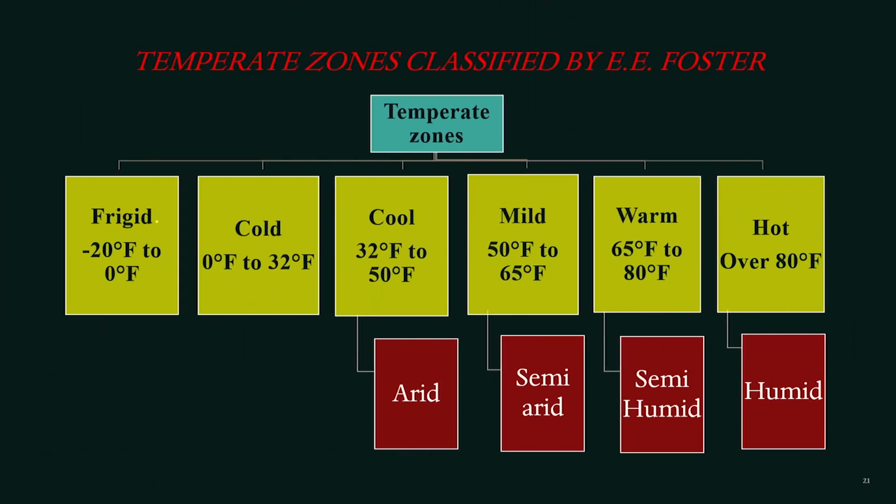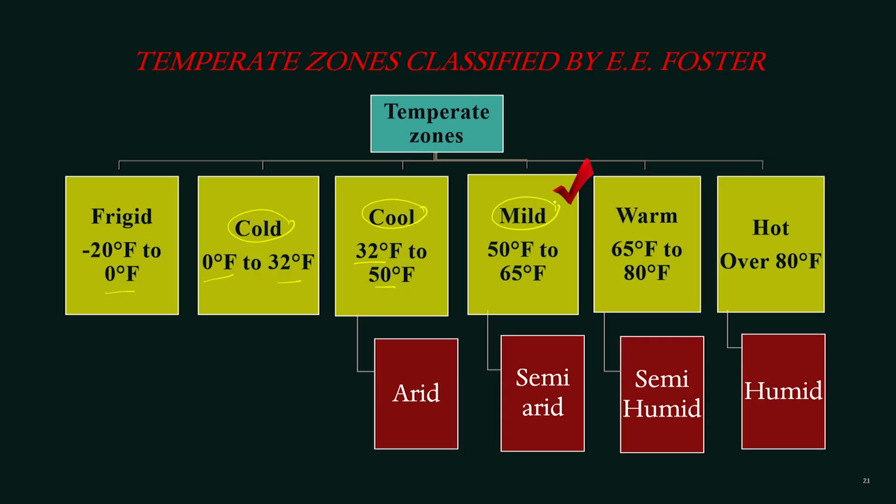So, according to Foster, the regions experiencing minus 20 degrees Fahrenheit to 0 degrees Fahrenheit will be considered the frigid zone. Then cold regions are those which experience 0 to 32 degrees Fahrenheit, and cool regions start from 32 to 50 degrees Fahrenheit.